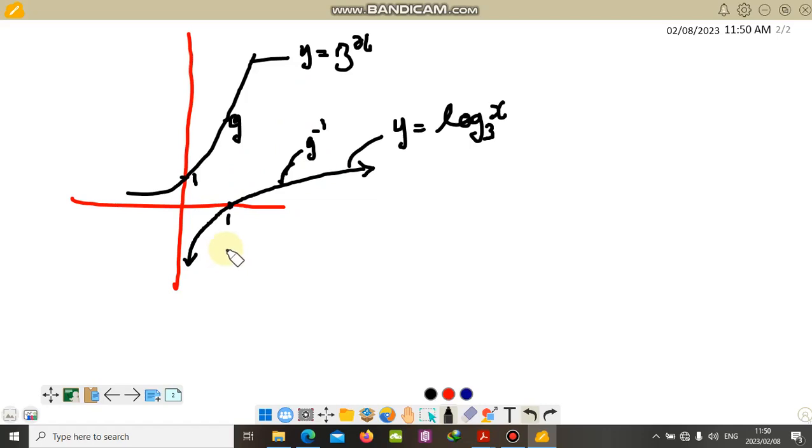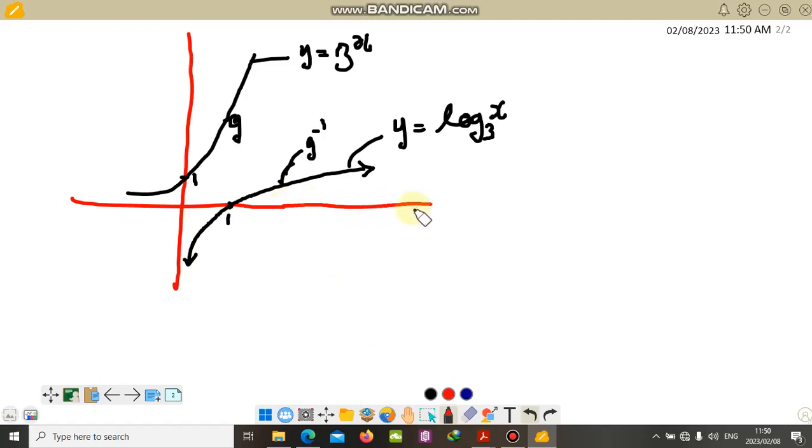But what do we know about this? The y value, y is 0 when x is 1. So here, when x is 1, y is 0, right? Just like on the graph of g, when x is 0, y is 1. Here is opposite. When x is 1, y is 0.